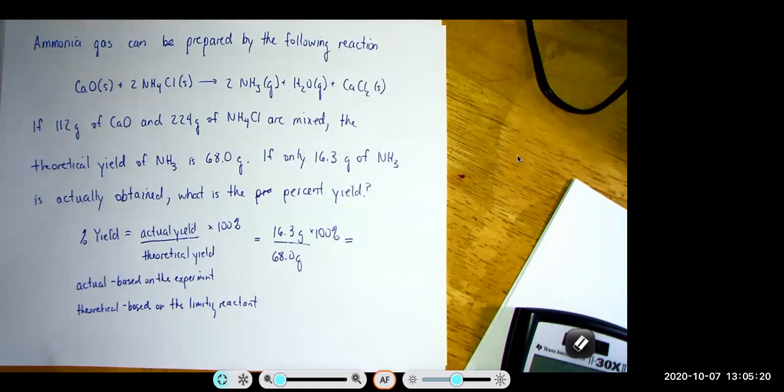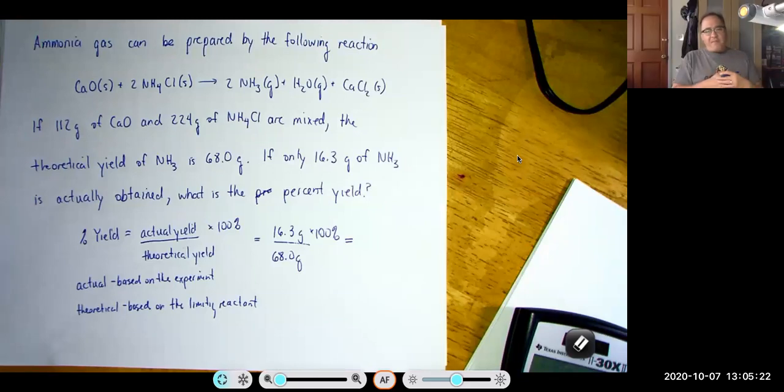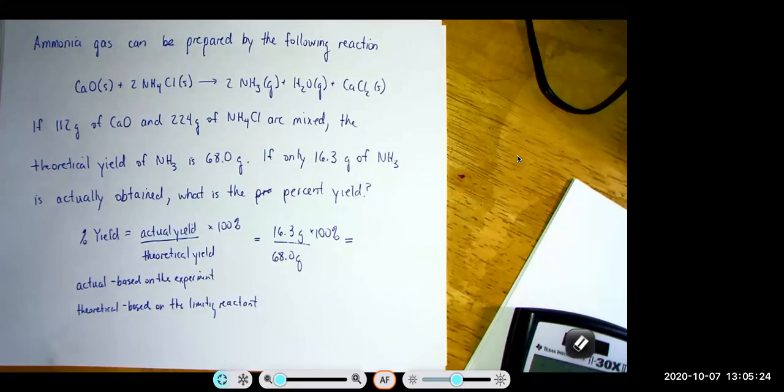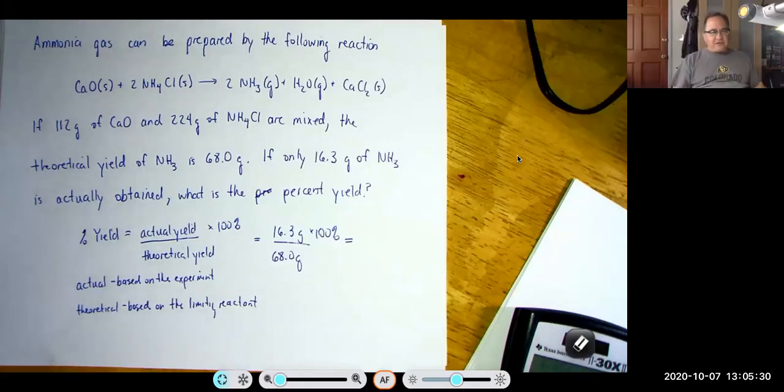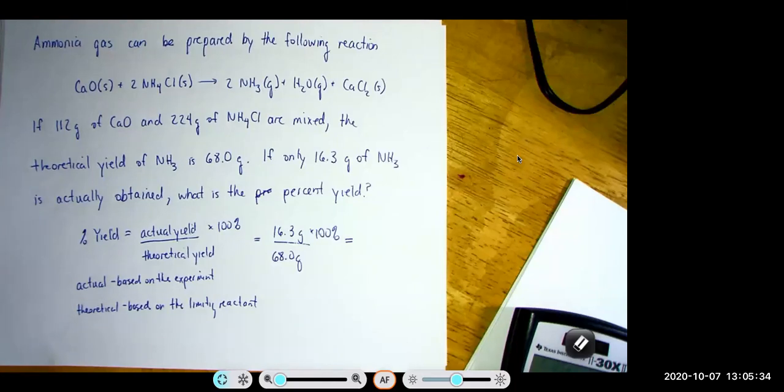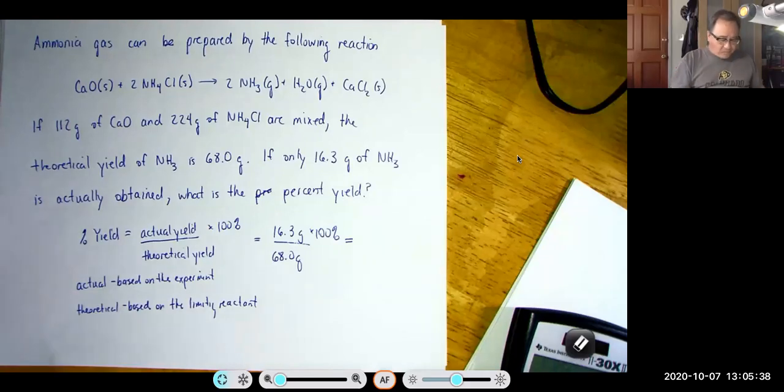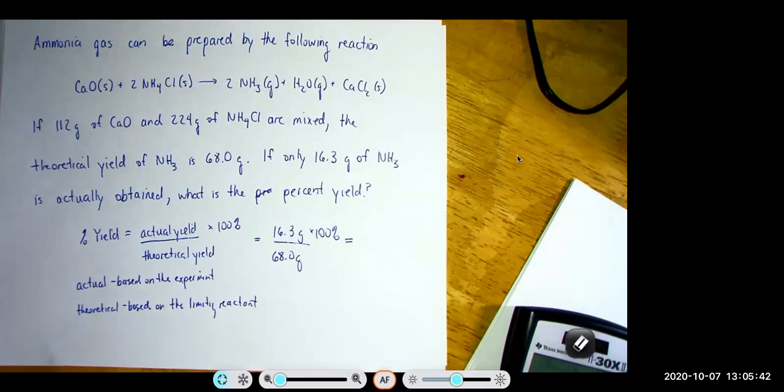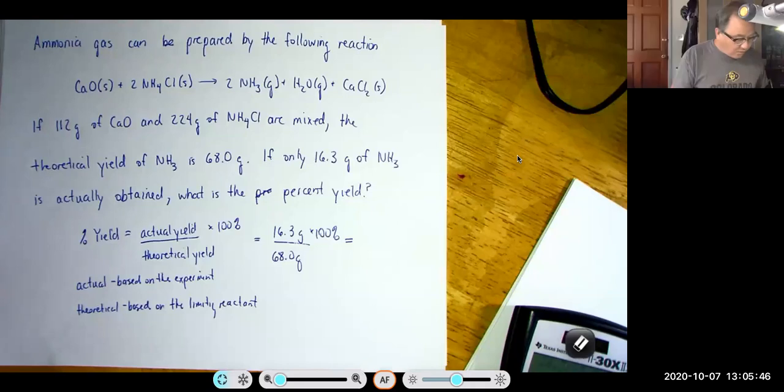So 1/4 is what, as a decimal? 0.25. What's 0.25 times 100? 25%. 25% yield. How many significant figures are we allowed? Is it 2? No. Oh, it's 3.